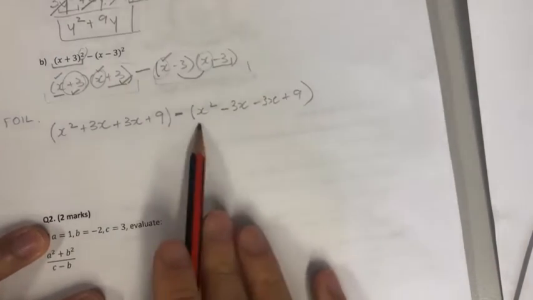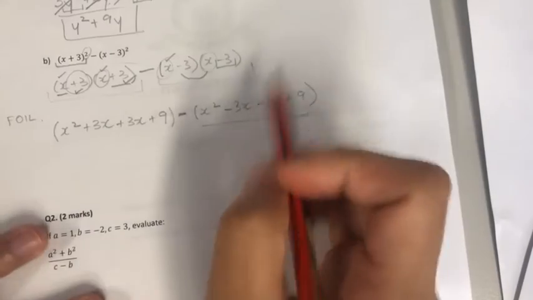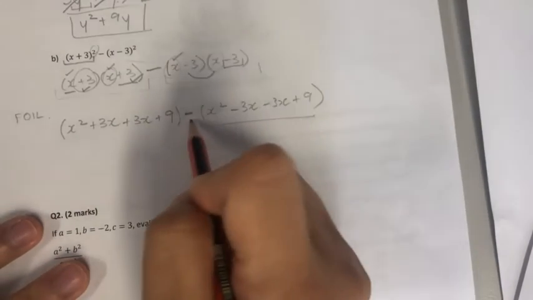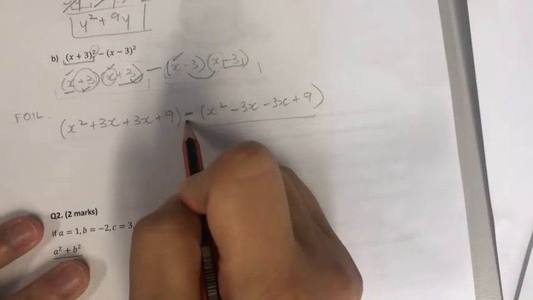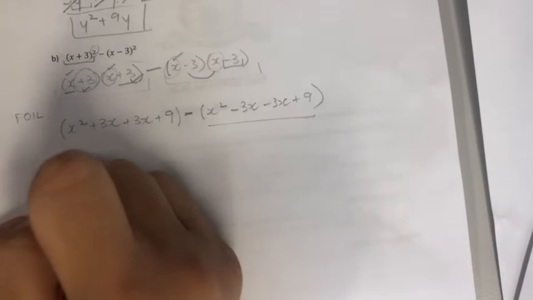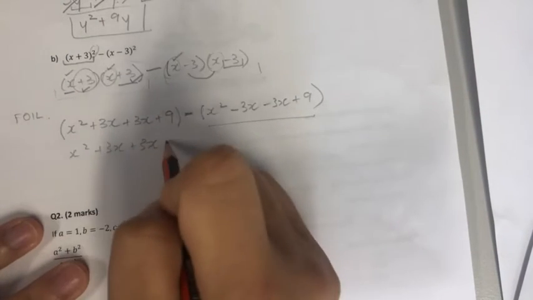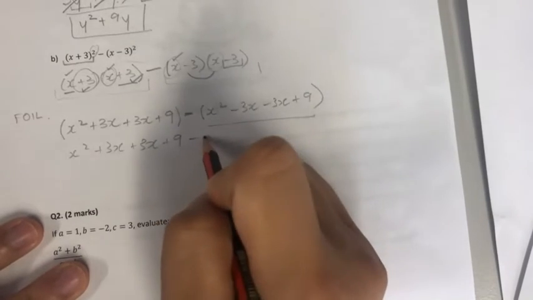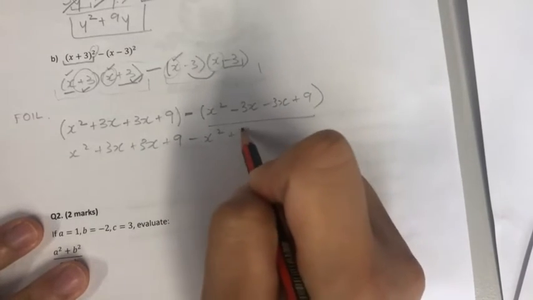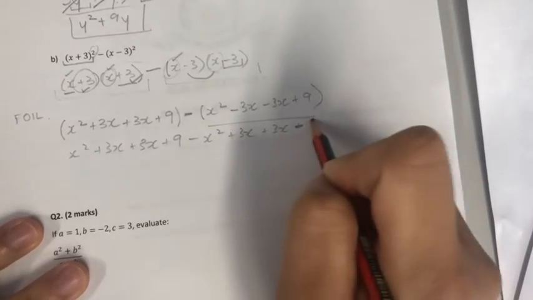But because it's subtracting all of this, having it in brackets helps me not do that incorrectly. So what I want to do with this negative sign outside, which means minus 1, I'm multiplying everything by minus 1, which changes everything to the opposite sign. Okay.